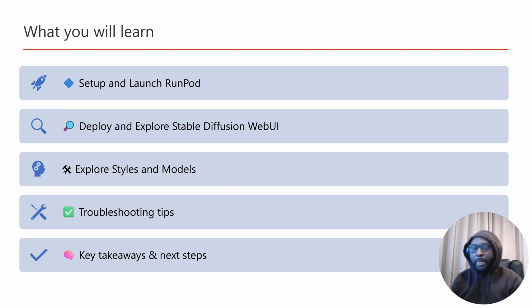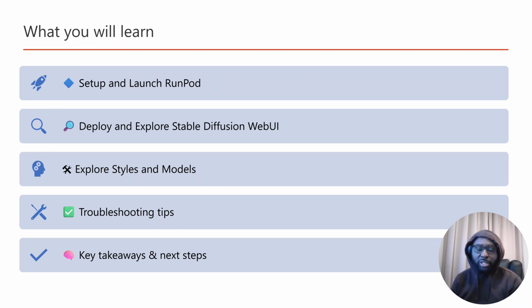For today, I'll be talking first of all about how to set up the environment, which includes setting up and launching RunPod, which is the platform we will be using. I will later in this video tell you what RunPod is and how to set yourself up to use that platform.